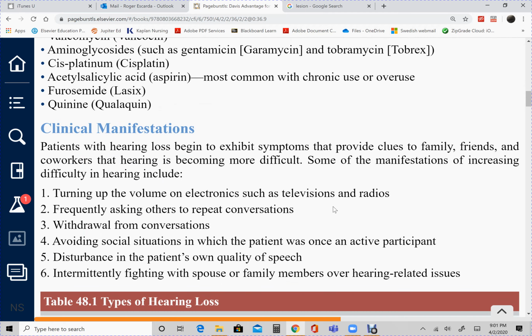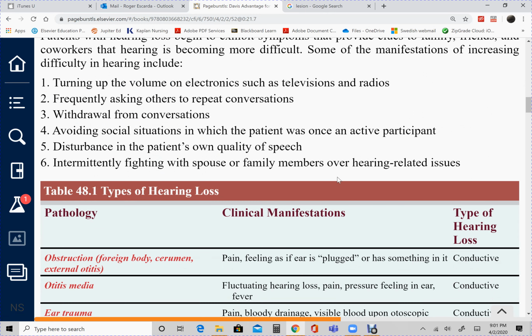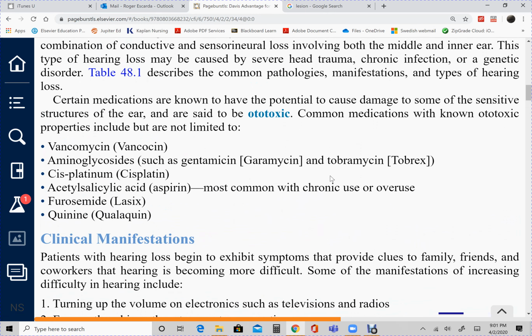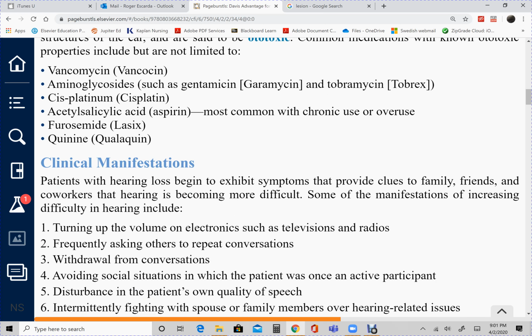But sometimes there's no other alternative, so they weigh the benefits versus the risk. So for instance, if we're obviously trying to save the patient's life from sepsis, then the hearing loss here would be a calculated, unfortunate side effect.